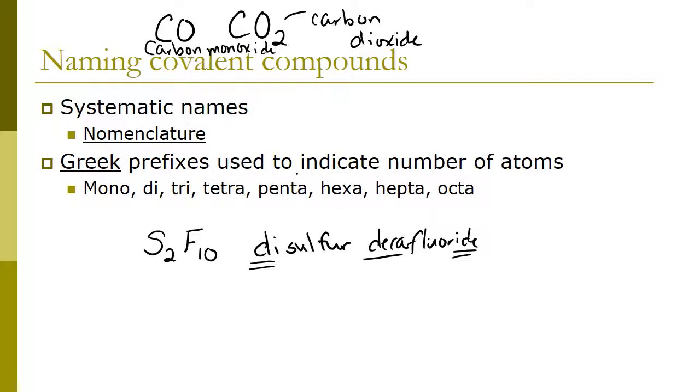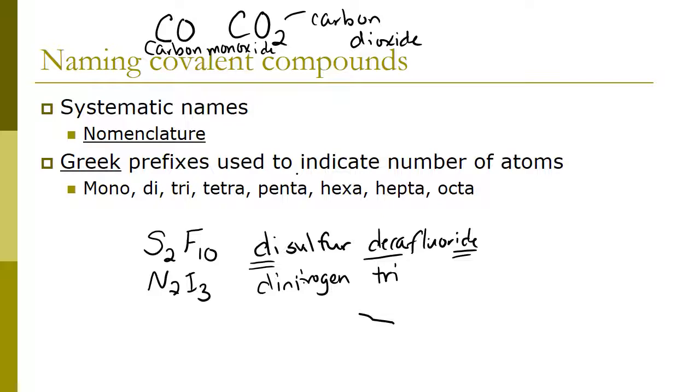Let's try another one. I'll just make something up. N2I3. So 2 N's, that's going to be dinitrogen, and 3 is tri, and I stands for iodide.